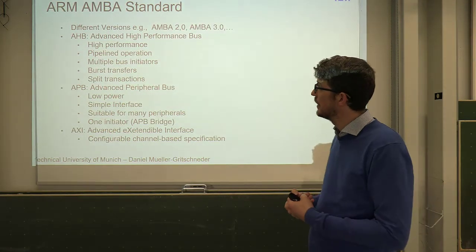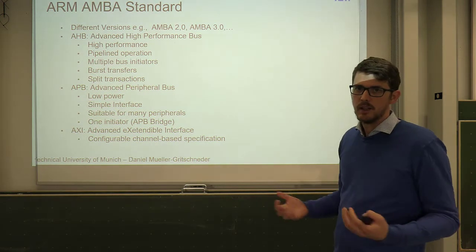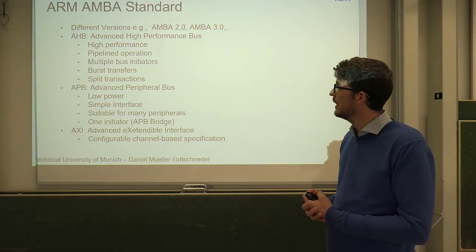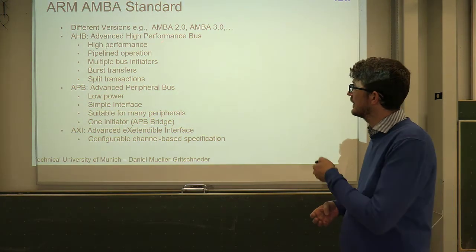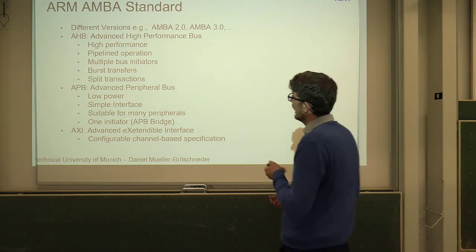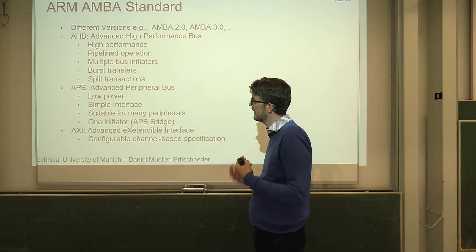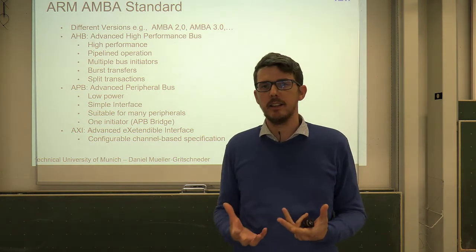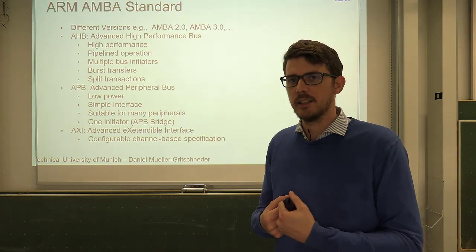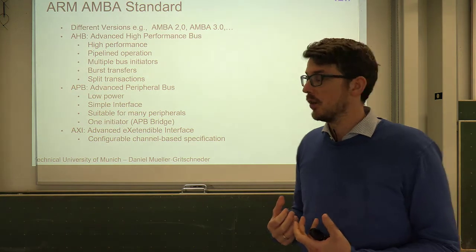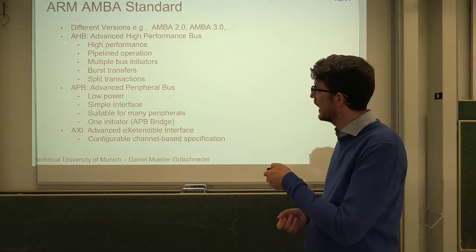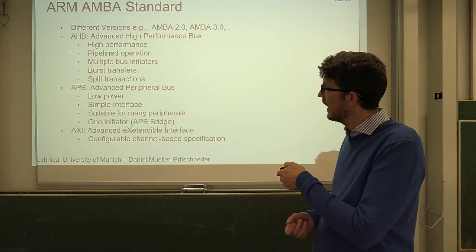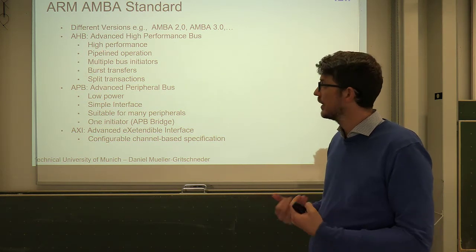So if you look into the ARM standard, which you find on many SoCs, as I said, there are these different versions. You have this AHB bus, but the nice thing is, if you look into this, you find exactly the features we have discussed and looked at, in the data sheet. So it says this is a high-performance bus, and it tells you it is pipelined, what we have looked into.